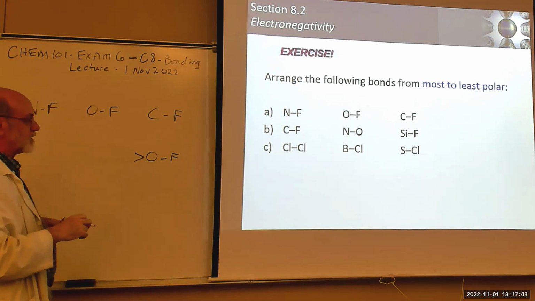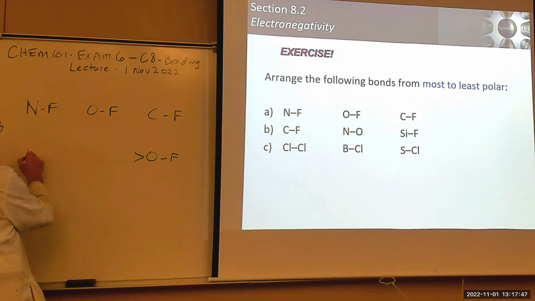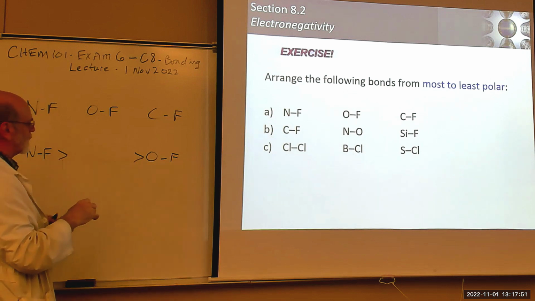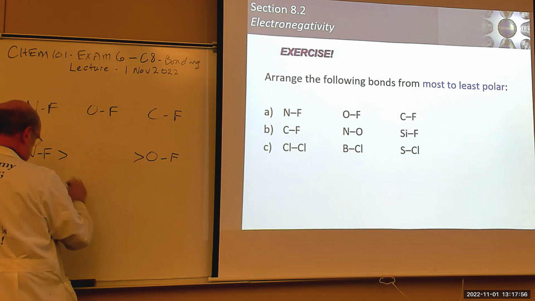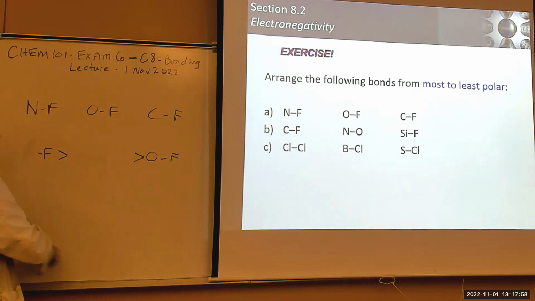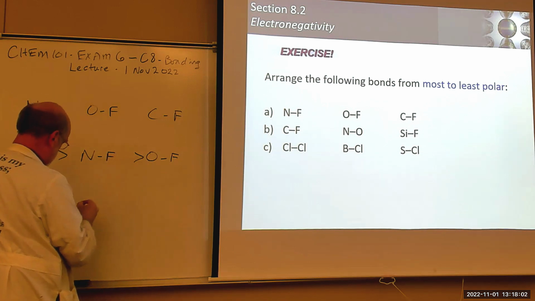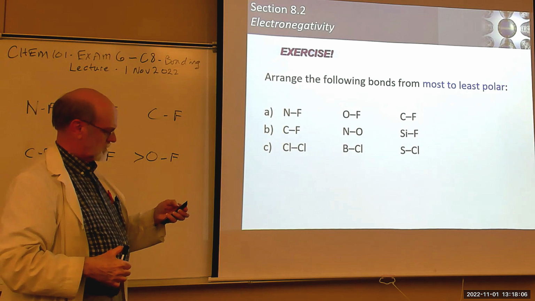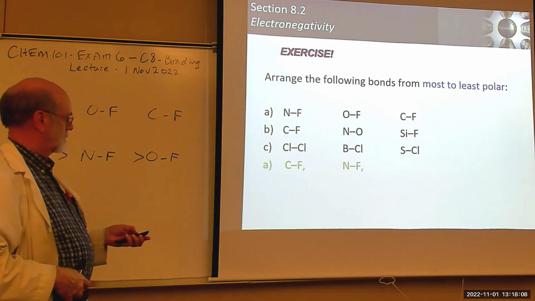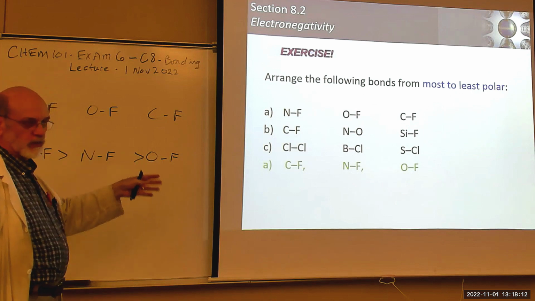Which would be the most polar? The one that's furthest from it. No, I'm sorry, carbon is furthest to the left. My mistake. Nitrogen is in the middle. So it should be carbon, nitrogen, oxygen. There we go. So that's the first one, from most to least polar.